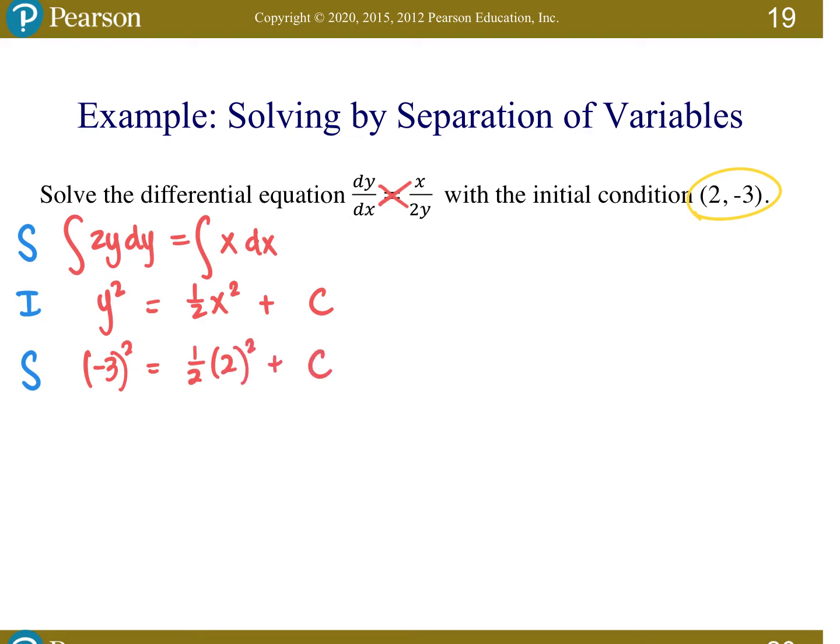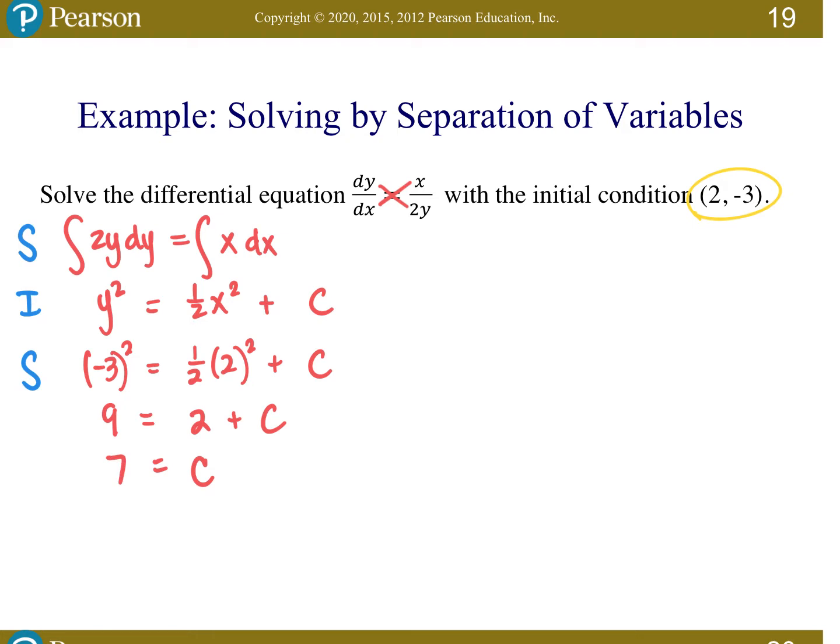And then we solve for the C value. So -3 squared is 9. Half of 2 squared is 2, and then plus c, which tells me that c must be what value? 7. Very good.